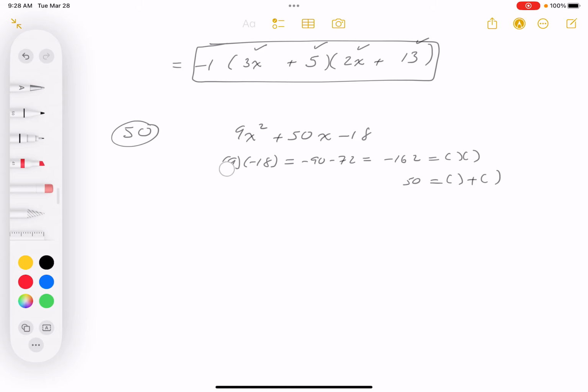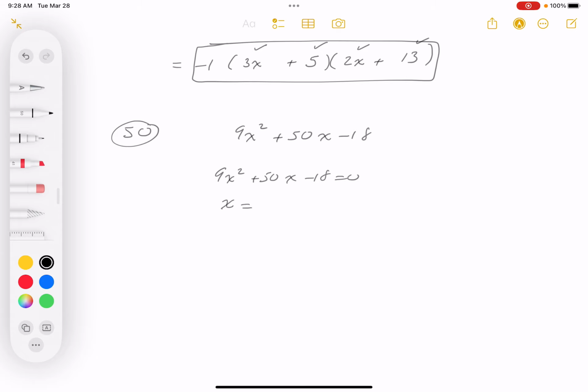So I'm going to erase that, and I'm going to see if I can factor it using the quadratic formula. Let's write that down: 9x squared plus 50x minus 18 equals 0. x equals minus 50 plus or minus the radicand, it's always the tough part here.